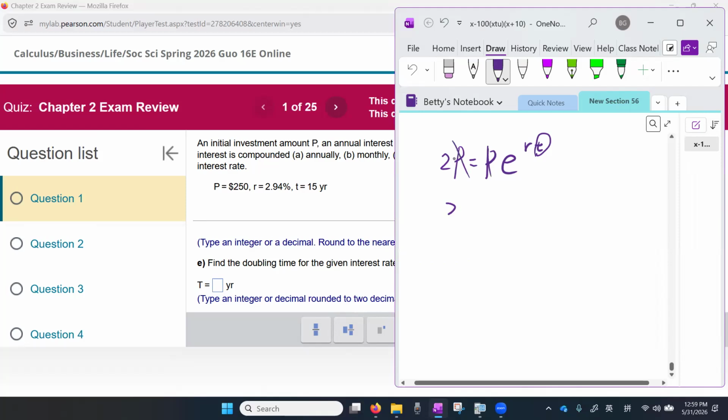The principal cancels, and we have 2 equals e to the power rt, with r equal to 0.0294. And then we're going to solve this exponential equation. Take ln on each side.